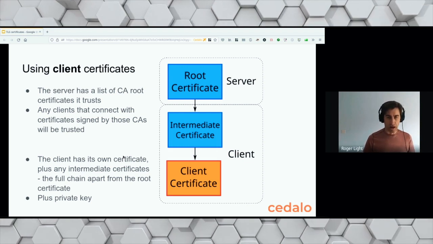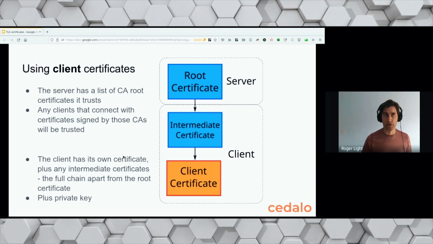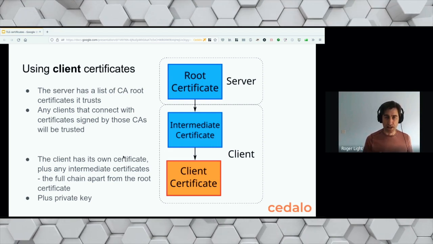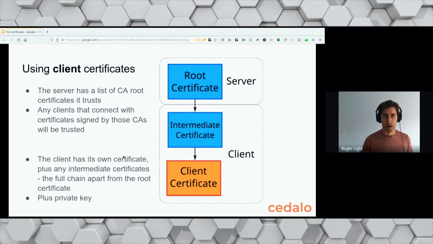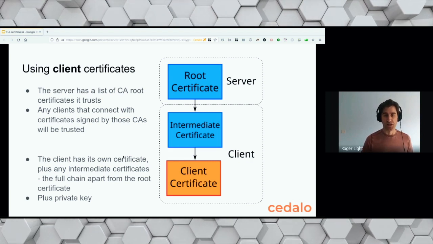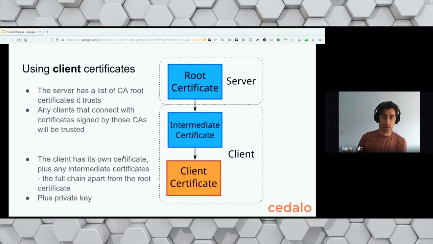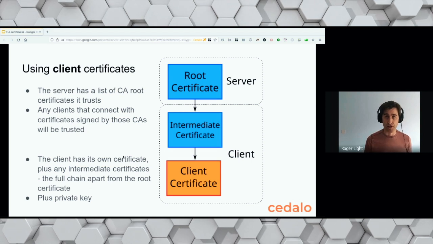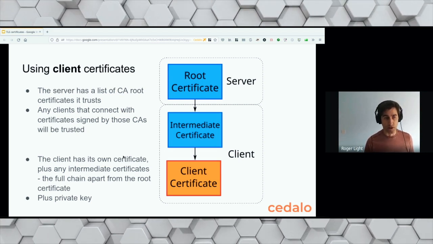I think there's definite value there, from a slightly different perspective to a server certificate, because you could have an intermediate certificate assigned to a certain group of clients, and a different intermediate assigned to a different group of clients, and then you'd be able to revoke certificates. You've got a bit more control over how you could revoke things, for example.